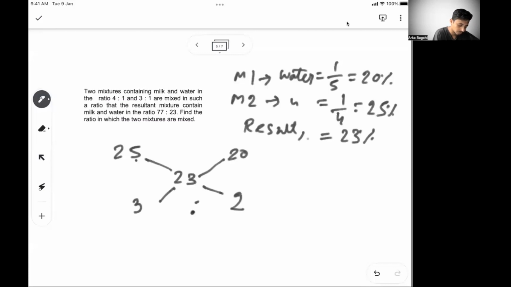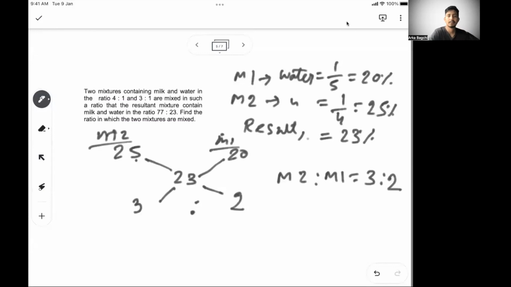So 3 is to 2. So this is mixture 2 and this is mixture 1. I know the ratio of mixture 2 to mixture 1 should be 3 is to 2. So mixture 1 to mixture 2 is 2 is to 3.